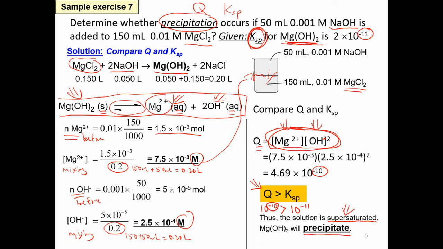Mention whether it is saturated, unsaturated, or supersaturated, and most importantly, must mention whether precipitate forms or not. That's all for comparing Q to Ksp to find out precipitation.